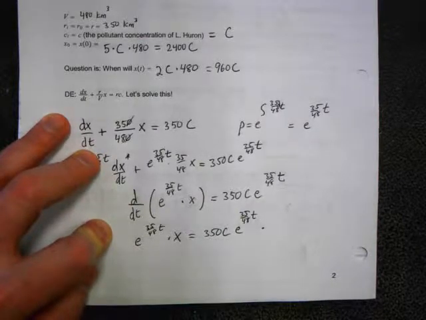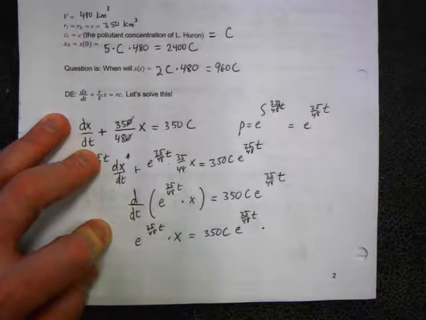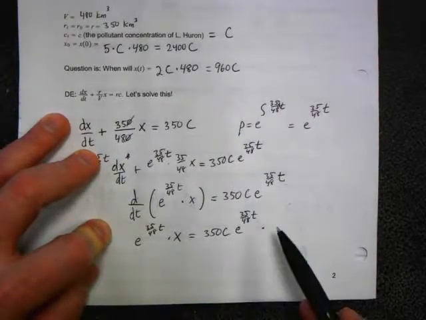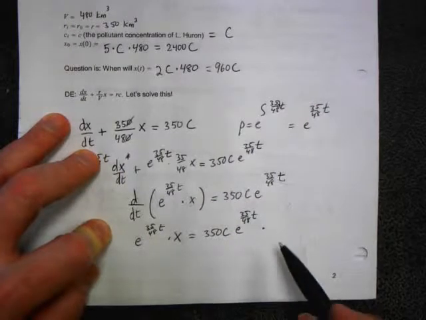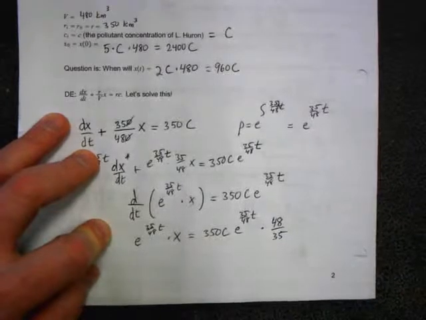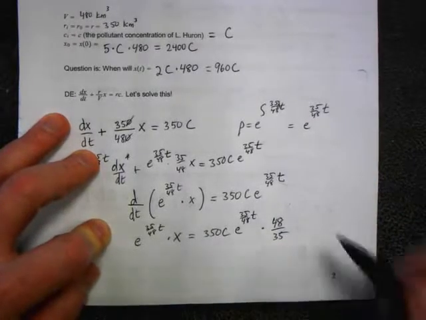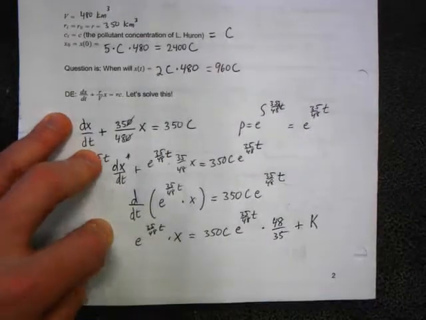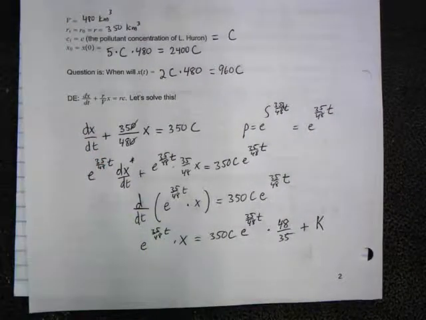Times what? Close. If I was taking the derivative, I would have to use the chain rule and multiply by 35 over 48, but I'm doing the antiderivative, so I have to divide by 35 over 48, or I can choose to flip and multiply. Plus, well, I don't want to use c because I already used c, so I'll call it k.